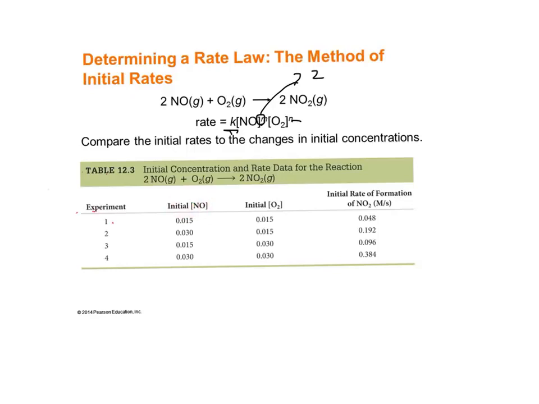Alright, so we look for two experiments where the concentration of nitrogen monoxide is constant. And we actually have two different options here. I could choose experiment 4 and experiment 2, or if I wanted to, I could choose experiment 3 and experiment 1. Either one will get the job done. Let's do 2 and 4.